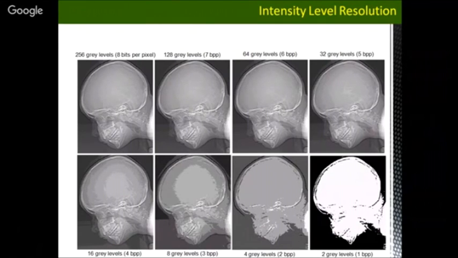Typically, the mobile cameras and other imaging systems that you buy give you a number of megapixels, which shows the spatial resolution. In medical imaging, particularly X-ray imaging, you will find images with not just 256 gray levels, that is 8 bits per pixel. You may have 12 bits, 14 bits, or even sometimes 16 bits per pixel.